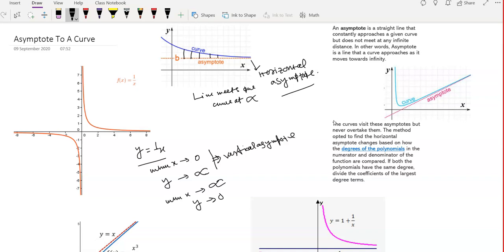The vertical asymptote is x equal to 0, that is the y-axis. And when x tends to infinity, y tends to 0, this is the case of a horizontal asymptote. Which one is the horizontal asymptote? That is the x-axis. So two kinds of asymptote we have understood here, one vertical, one horizontal.